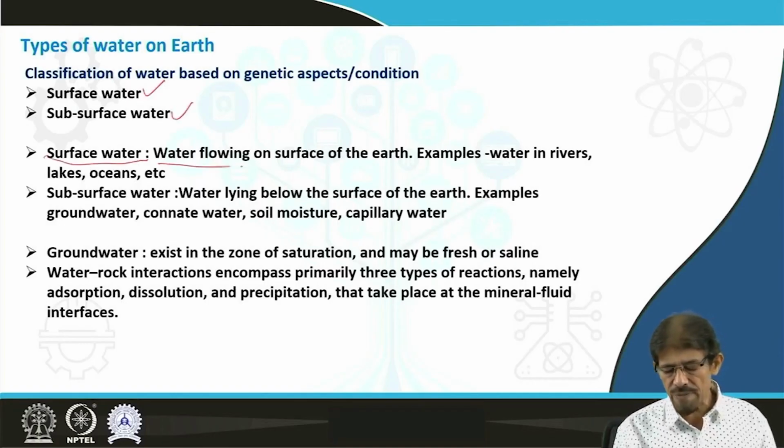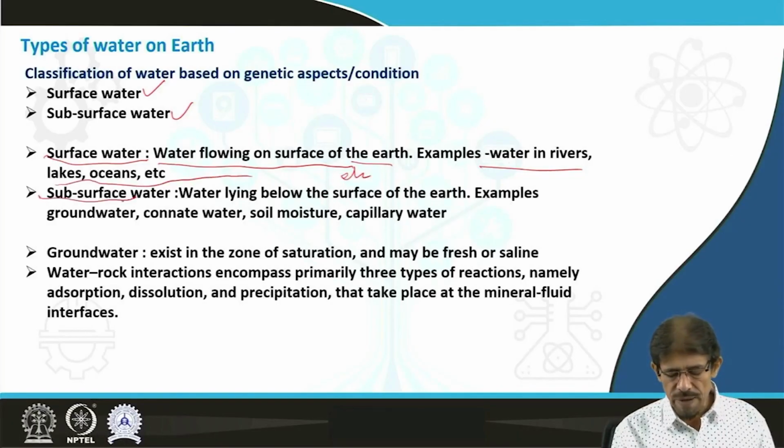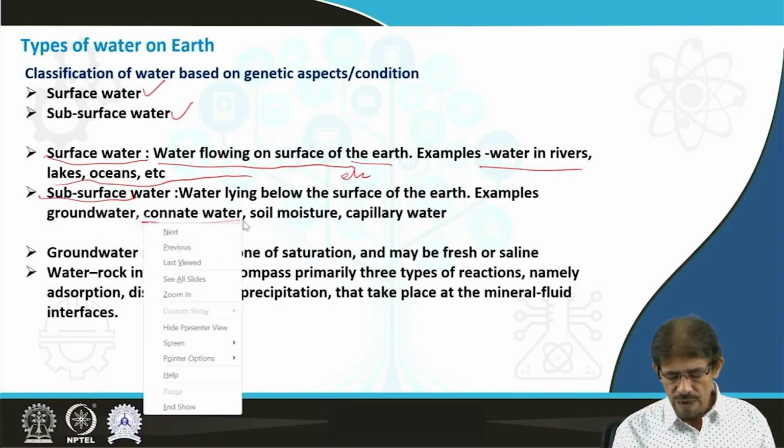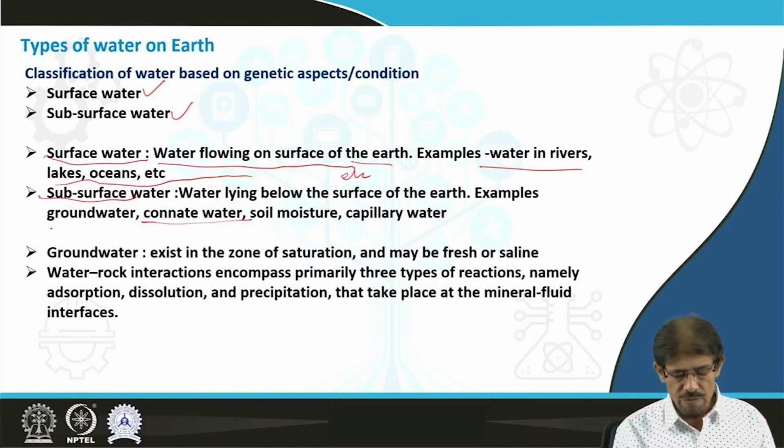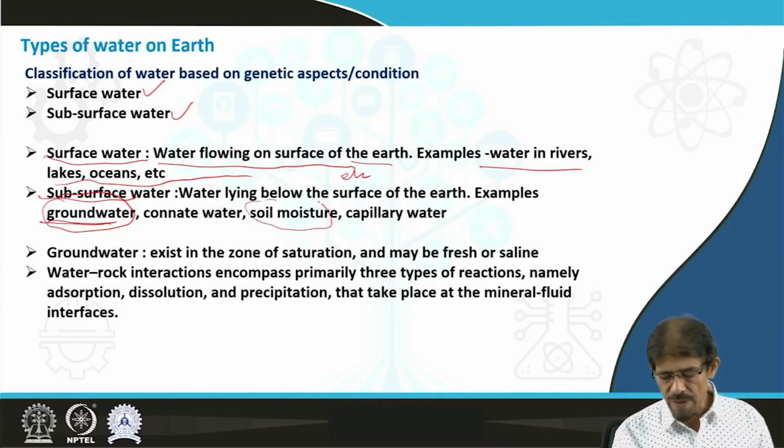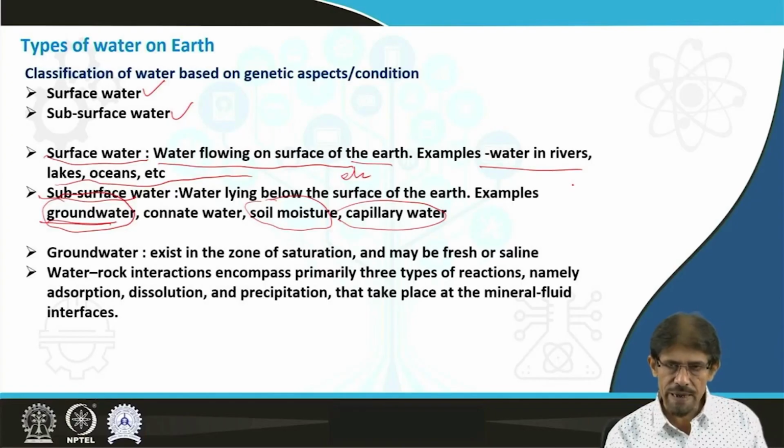Surface water is water flowing on the surface of the crust, and good examples are water in rivers, lakes, oceans, estuaries, etc. Subsurface water is of geological importance: some water is present in rock as groundwater, some in the form of moisture, and some in the form of capillary water. So here we are going to discuss only surface water and groundwater.